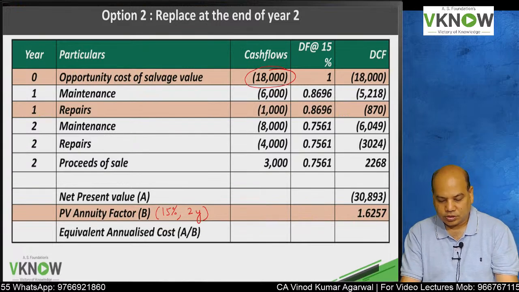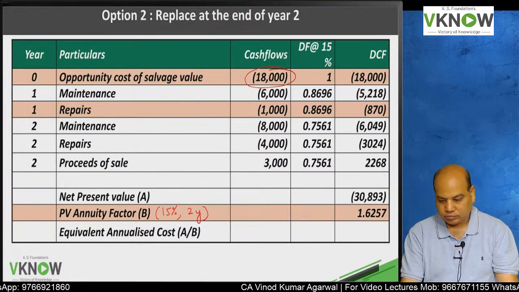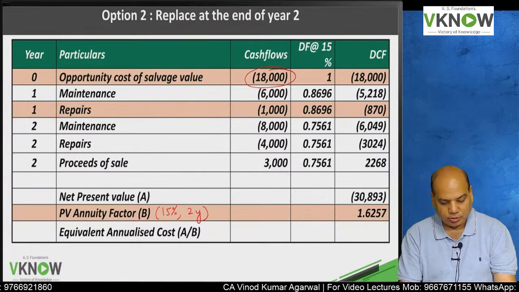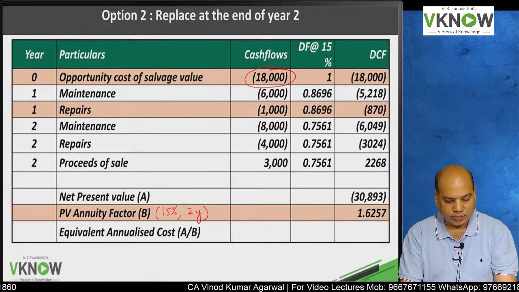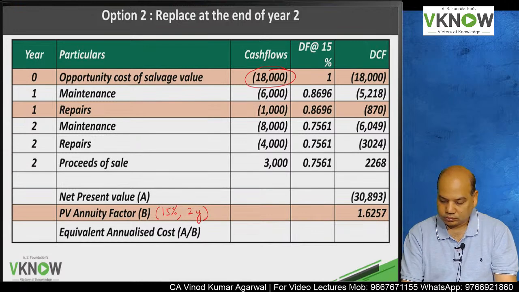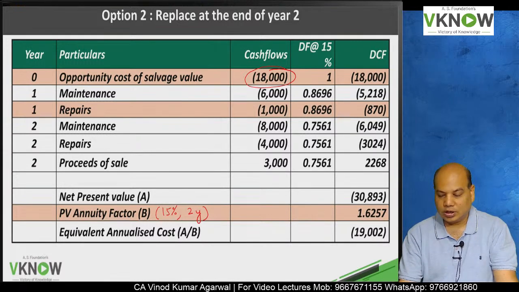Equivalent annualized cost is A upon B. That gives 19,002.